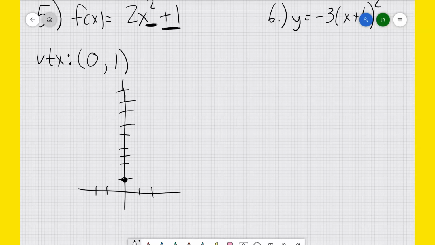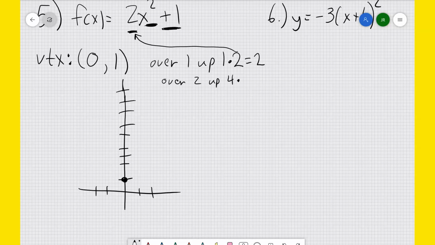Okay, from my vertex, I'm going over 1 and up 1 times what? Times 2, because the 2 is the a right there. So I'm going up 2 this time. And I go over 2 and up 4 times 2, which is 8.